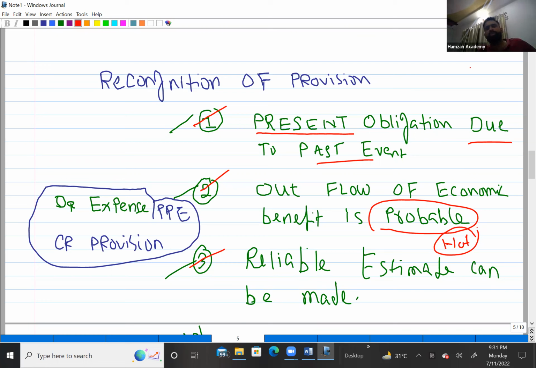Okay. For example, there was a blast in a manufacturing plant due to which 10 workers who were working directly on that plant got injured. They file the case against you, and there is a high chance that you will lose the case. So for that you will make a provision. But there were other 4 employees who were sitting in a far away area and taking their food.